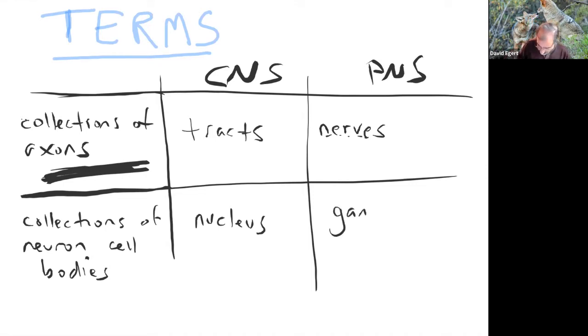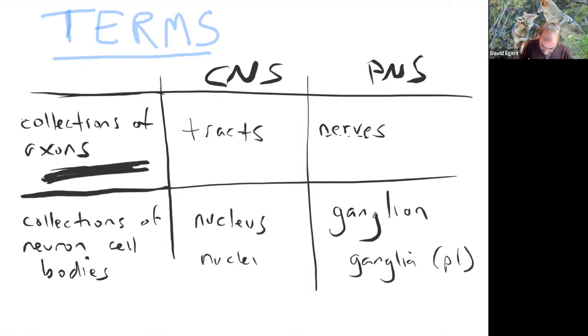Ganglion is one, ganglia is plural. Nucleus, nuclei are plural. So we'll talk about, like, the dorsal root ganglion, which is the place where you find the cell bodies for a lot of the sensory neurons that are taking messages from your senses into your CNS.